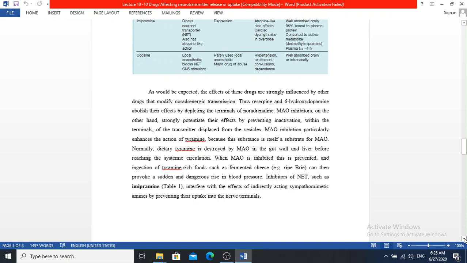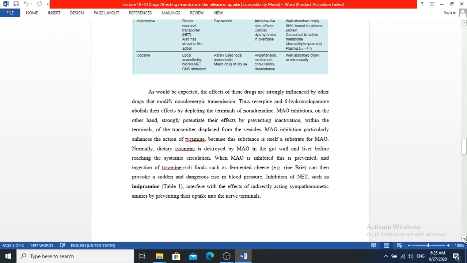Monoamine oxidase inhibition particularly enhances the action of tyramine because this substance is itself a substrate for monoamine oxidase. Normally, dietary tyramine is destroyed by monoamine oxidase in the gut wall and liver before reaching the systemic circulation.